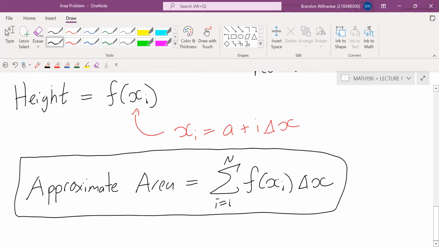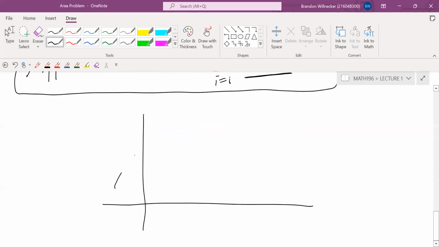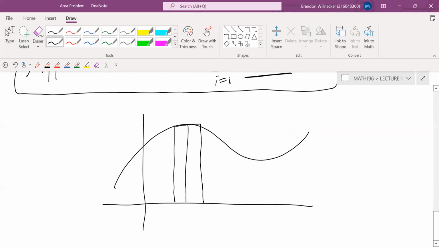Now I need to point out a little bit of a technicality here. Over here, we chose that the height of the rectangle is the function value at xr. In other words, if I draw a little picture again, say we've got our function like this, and we've got a rectangle here, and then another one here.